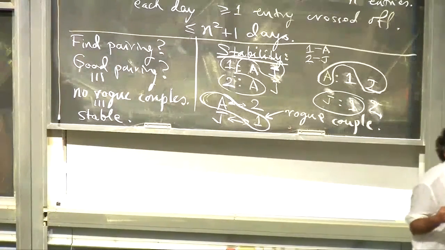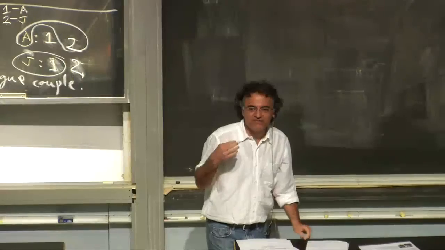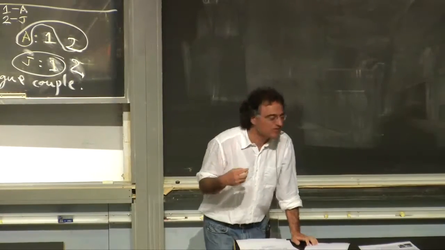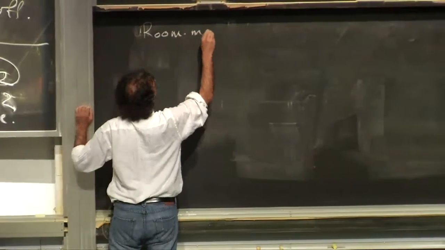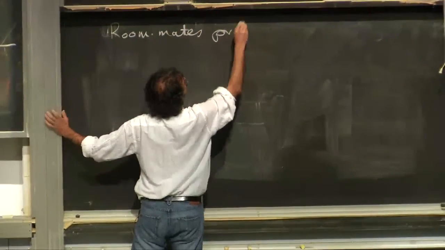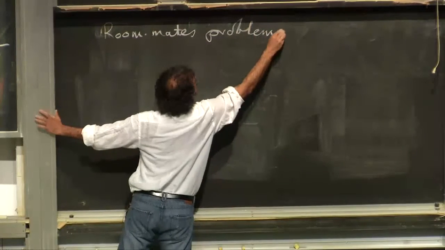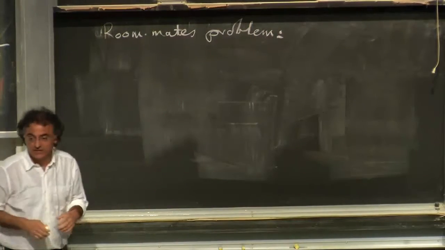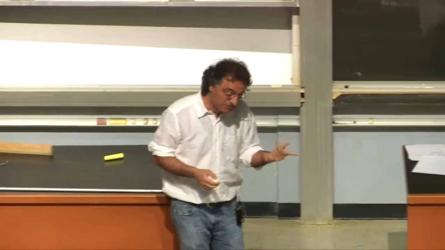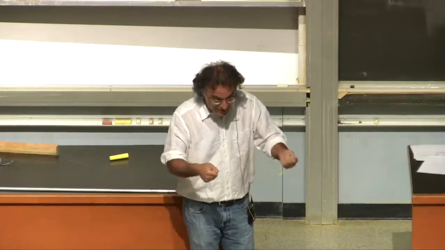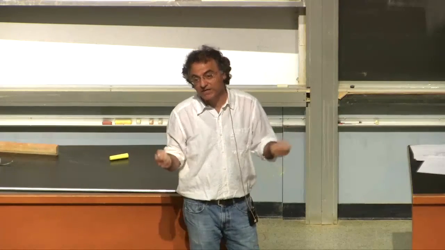To see this, let's look at a variant of this problem. It's called the roommates problem. Now you have just a bunch of people. You want to assign roommates: two of them can go into a room, so you want to pair them up.